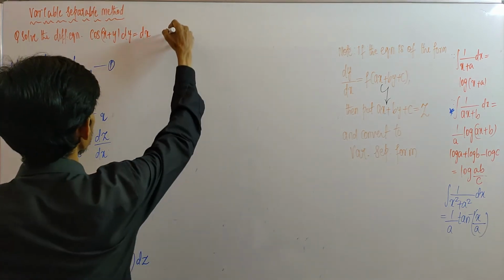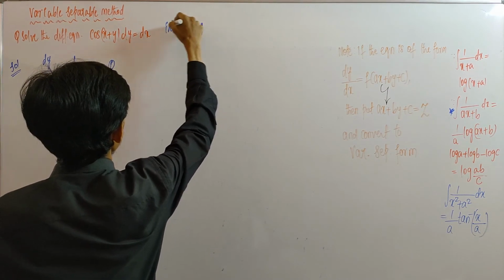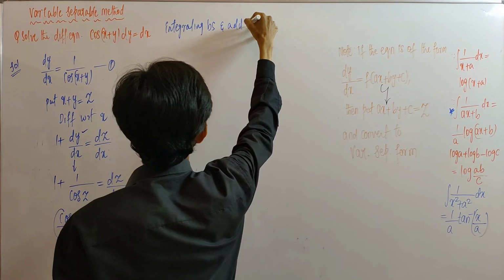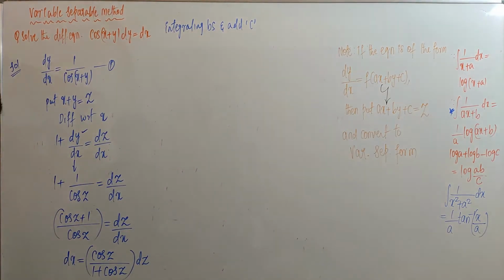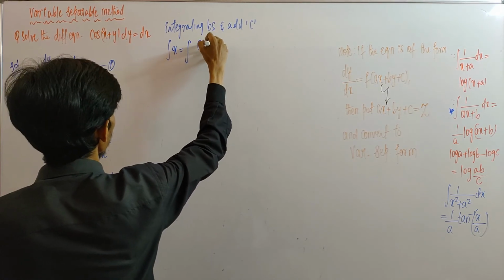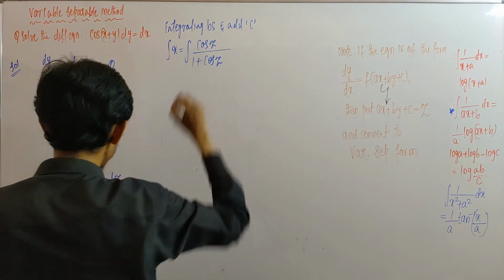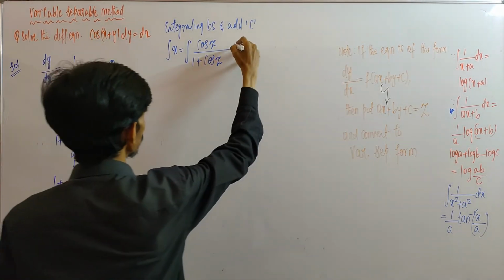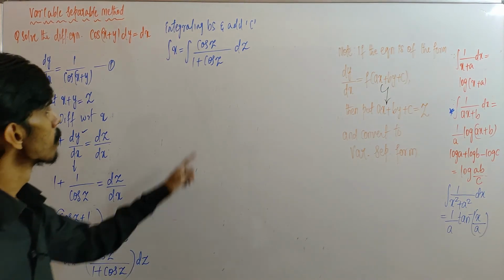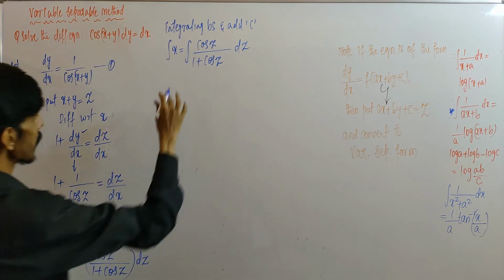Now the next step is integrating both sides and adding constant c. Integration of dx, integration of cos z upon 1 plus cos z dz.